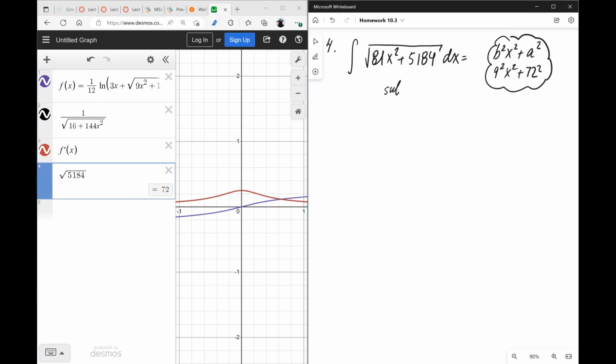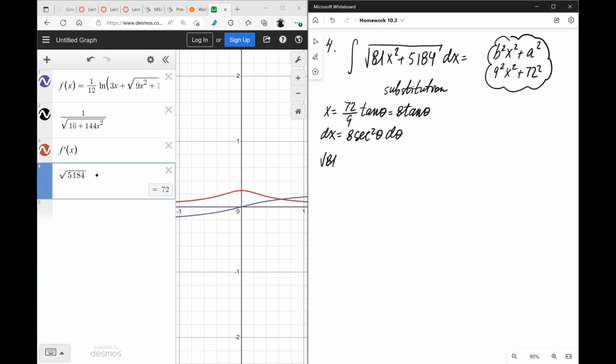So my substitution is x equals 72 over 9 tangent theta. So 72 over 9 is just 8. dx is equal to 8 secant squared theta d theta.